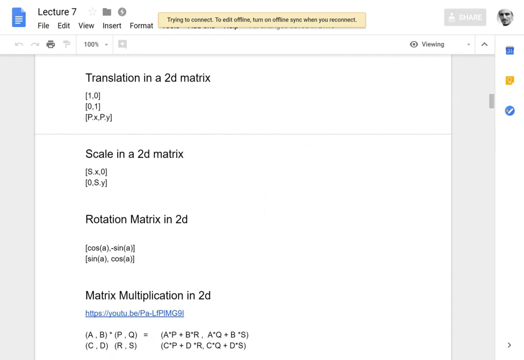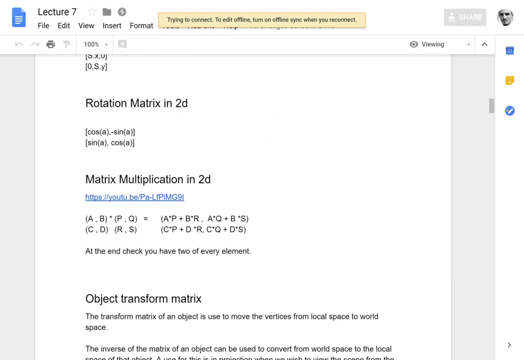We discussed the translation in a matrix, the fact that you can't do 2D translations in a 2D matrix. You have to put the translation at the end of the matrix, which makes it a weird shaped matrix. We looked at how you embed scale in a matrix, and they sit along the diagonals. We looked at the rotation in a 2D matrix.